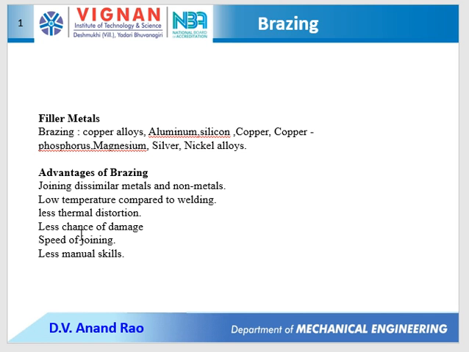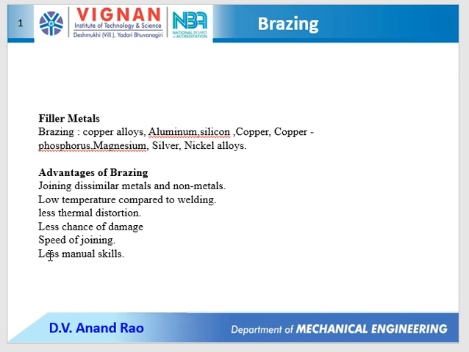And next, coming to advantages of brazing, these are almost similar to soldering advantages, but compared to soldering, here we can get higher strength, that is a stronger joint in case of brazing.